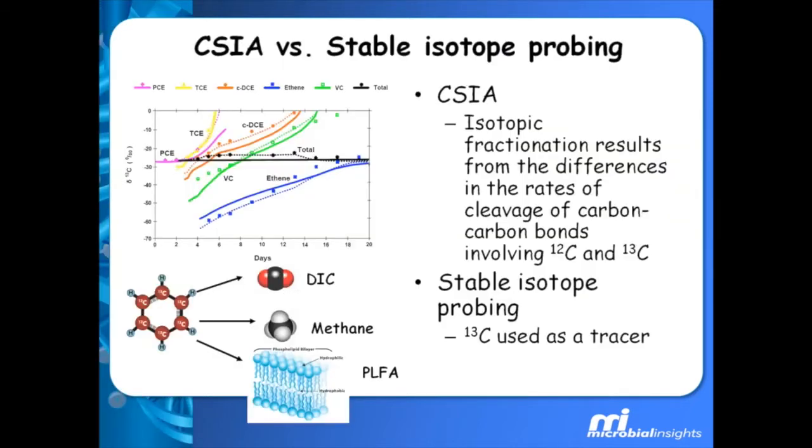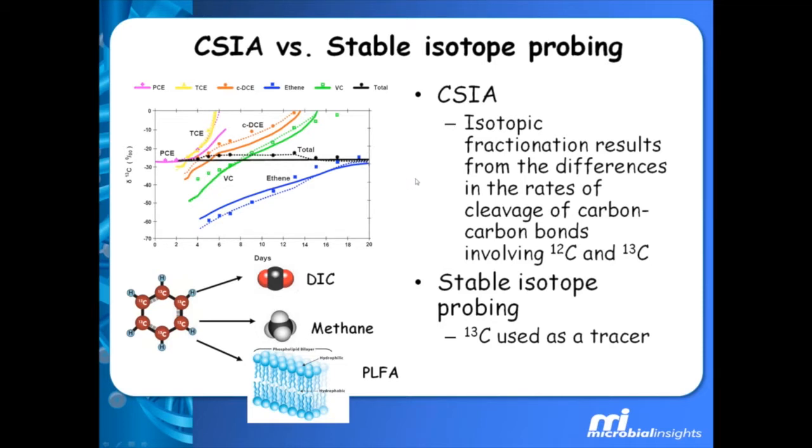Now, before I go further and show you some results, we need to distinguish stable isotope probing from compound-specific isotope analysis. These are very different techniques. With compound-specific isotope analysis, you're looking at isotopic fractionation of naturally occurring C12, C13 mixtures in the environment.